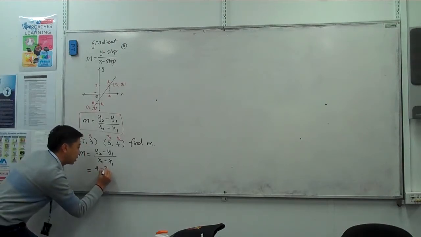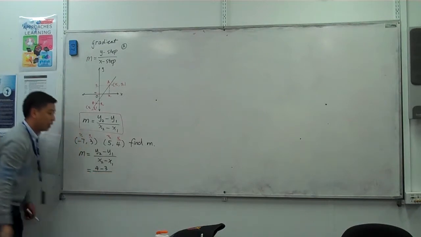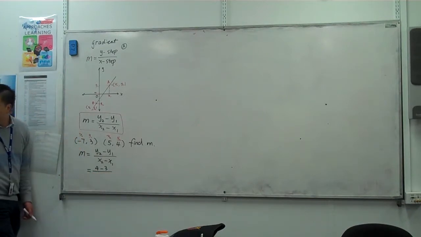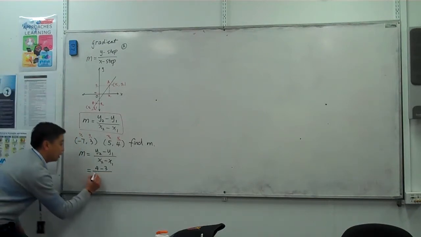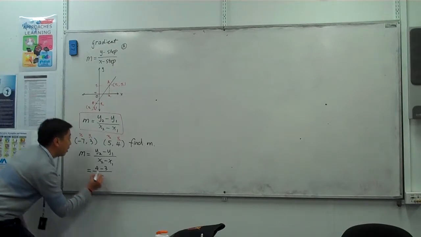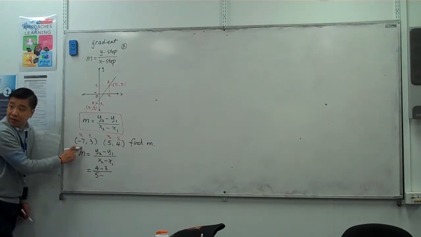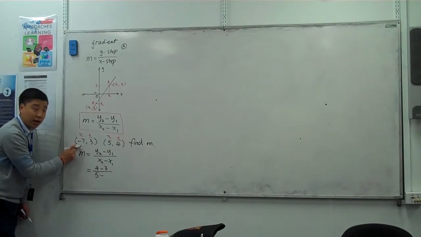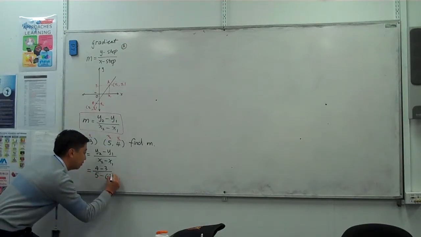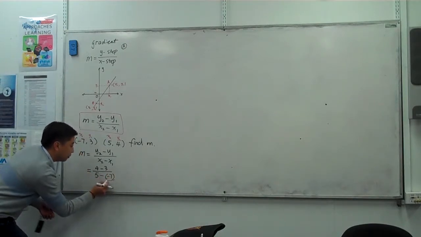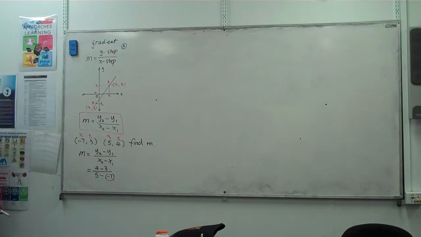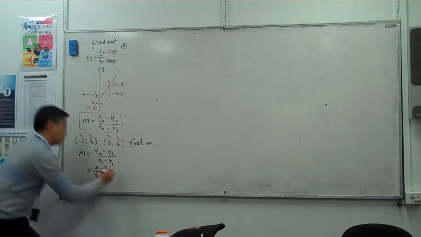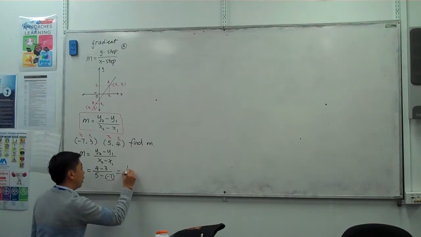It's not difficult, just a substitute. Take away, and then the value of x2 is 5, take away 7 or take away negative 7? Negative 7. It's very important. So the answer is 1 over 12.